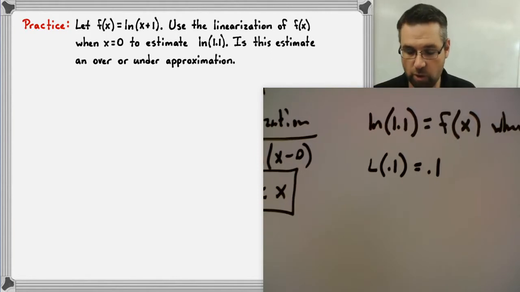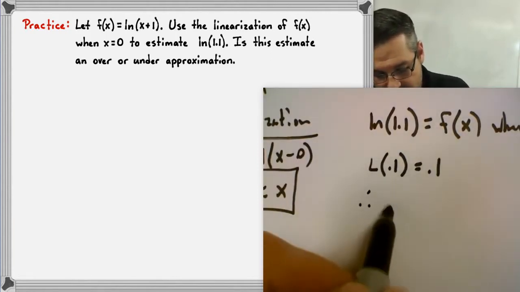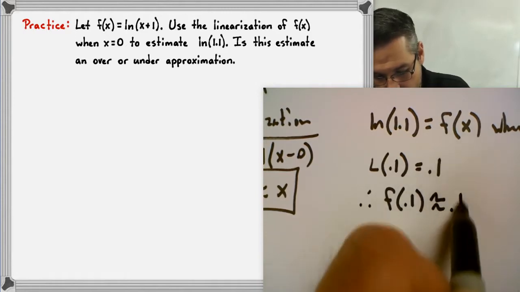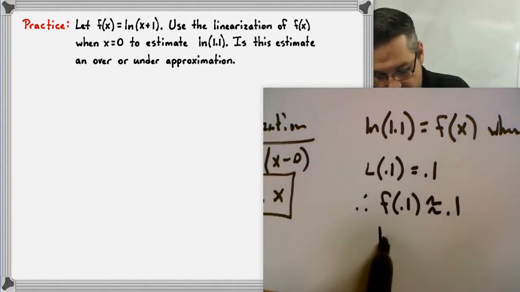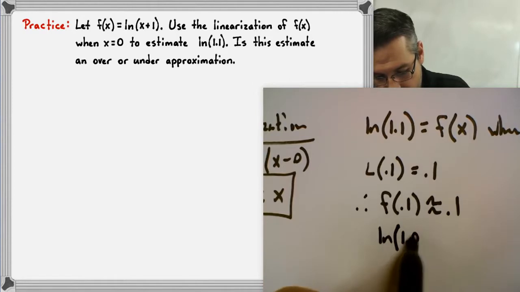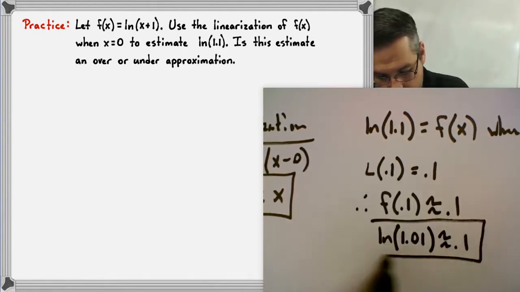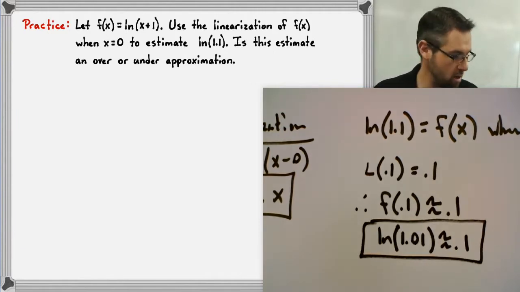That's pretty straightforward. As a result of that, we can say f of 0.1 is approximately 0.1, which implies that the natural log of 1.1 is approximately 0.1. Okay, and so there is our answer.